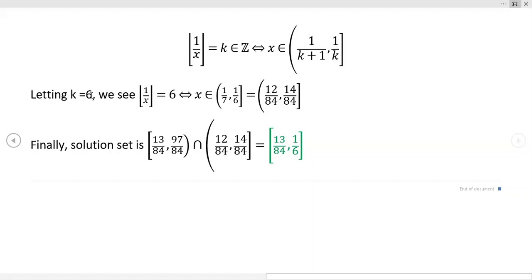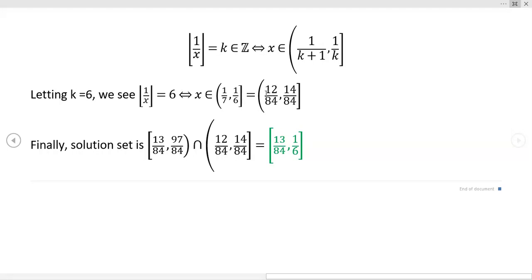If we take k equals 6, which is of interest here, if you put a 6 right there, you get 1 over 6, which you see right here, right? And of course you get 1 over 7. Notice we have to leave 1 over 7 out for the very same reasons. If you put 1 over 7 right here, the floor of 1 over 7 would be 7, and we are interested in 6 right now. Okay, so this is what we get.